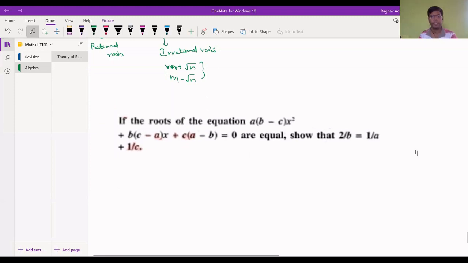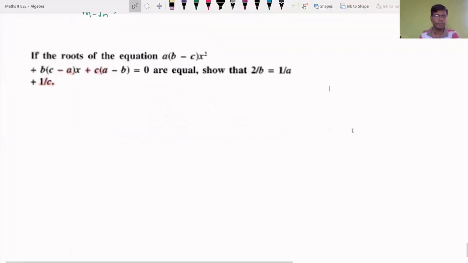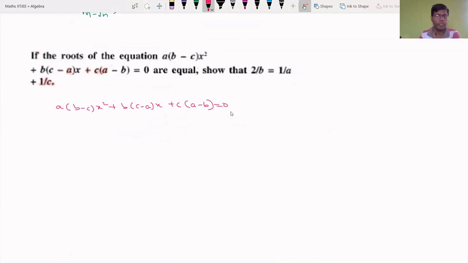Okay. So let's do this simple question. The given equation is (ab minus c)x square plus (bc minus a)x plus (ca minus b) is equal to 0.